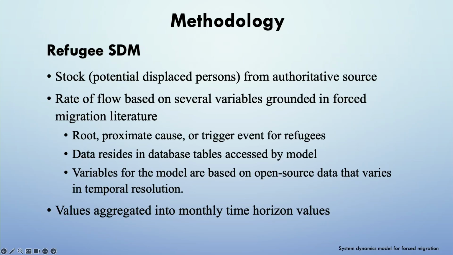It could be potentially climate change. We could have proximate causes. Proximate causes are causes that are closer to that migration event. And then a trigger event, you can think of that as the straw that broke the camel's back. And it is a triggering event for the forced migration. So the conflict, war breaks out.